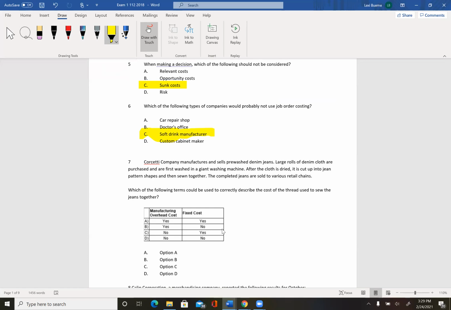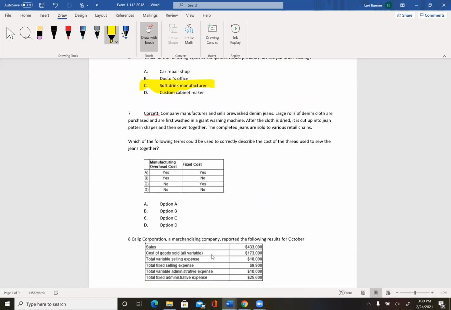A soft drink manufacturer is going to be making a bunch of soft drinks at once, a bunch of different flavors. So it's going to be a big manufacturing company versus something small, like a car repair shop. They usually aren't too big. There's going to be a small order, and you're going to have to order small parts. Same with the doctor's office and a custom cabinet maker, where a soft drink manufacturer is going to be a little bit bigger.